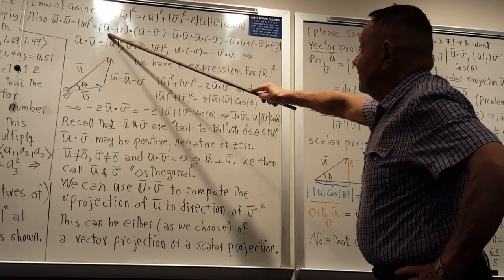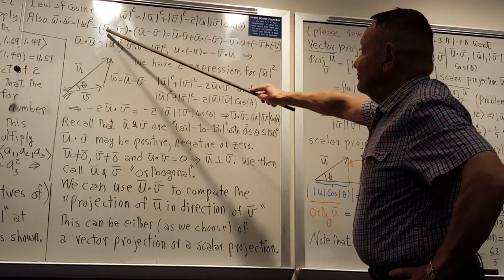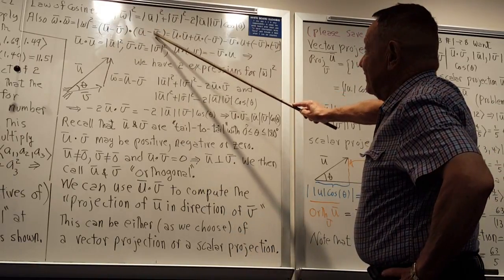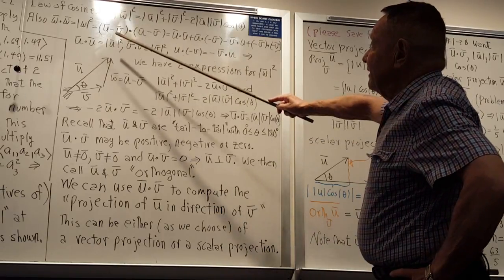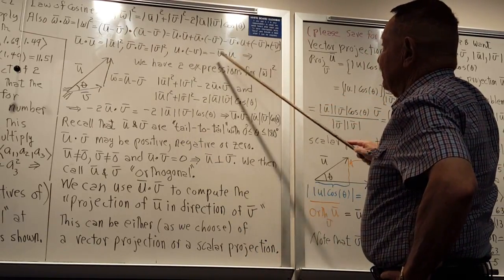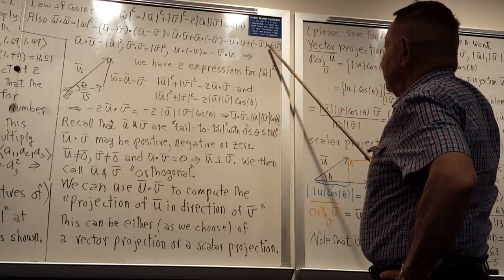First, let's see, outside would be the U and the minus V, that would be that one. The inside, minus V dot U, and then the last would be that.